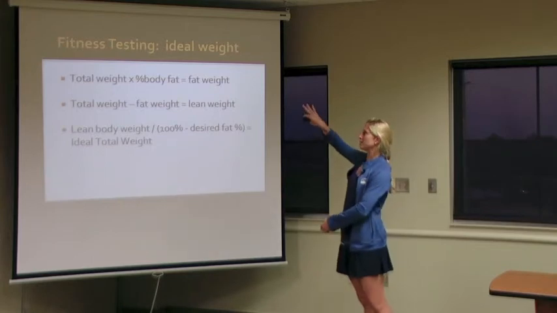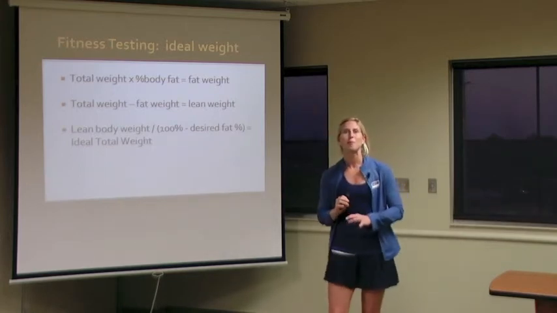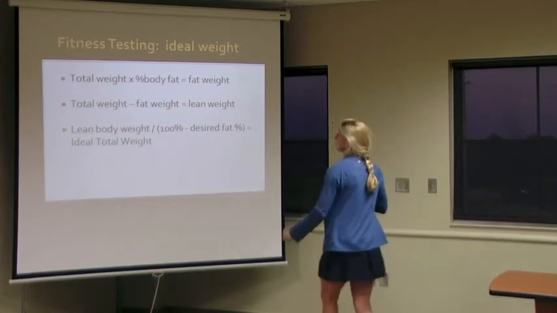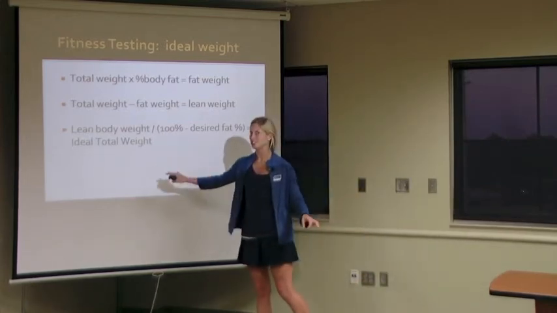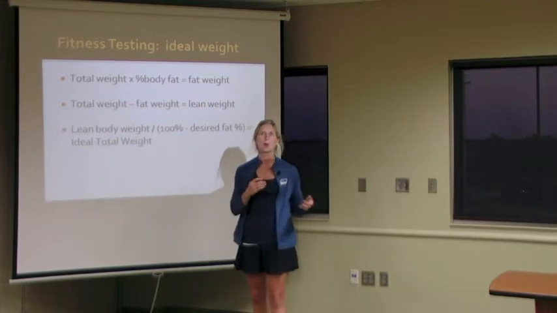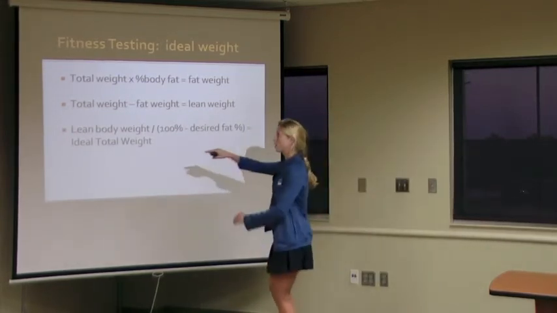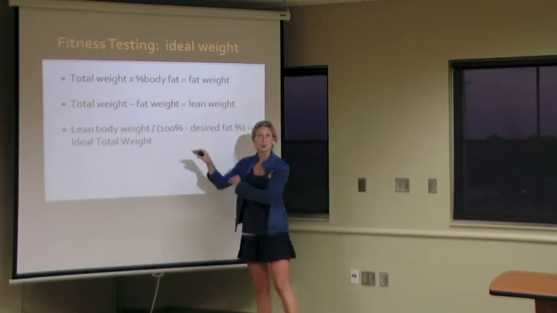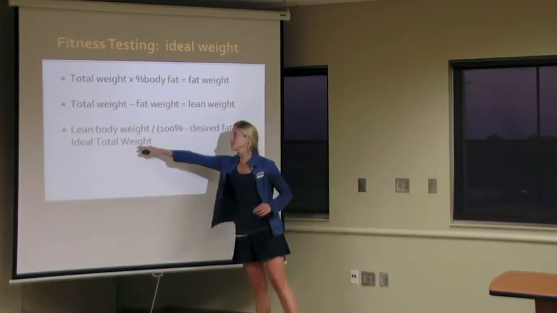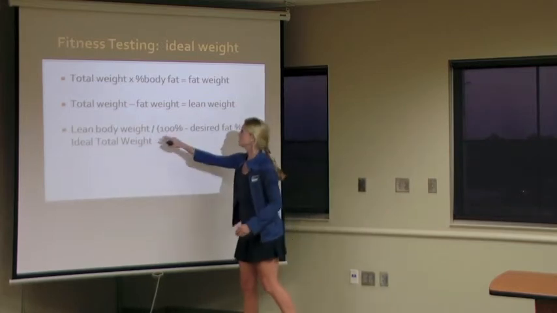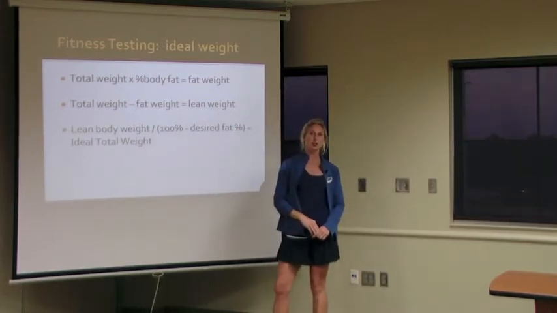Any of these equations can be manipulated based on what you know. Maybe someone has an ideal weight that they need to be. Maybe they're a boxer and they want to be in a certain category, so you can figure out where they need to change different parts of their body. You know what that number is, so what do you need to change in the rest of the equation?